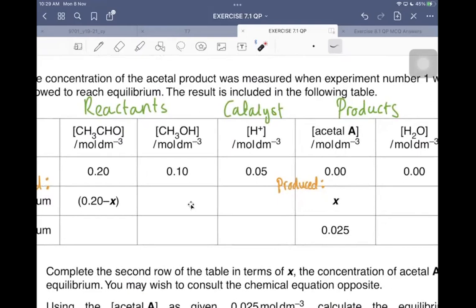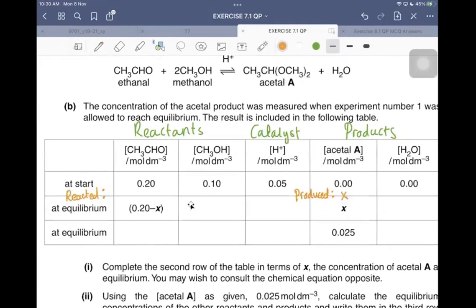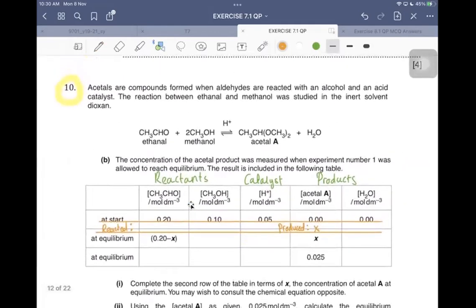All right, so I will just use X. That means you have produced X amount. Remember, maybe I should draw a line so as to not confuse you. I don't have space, that's why I'm doing it like this. So please take note that that is the additional middle row for reacted / produced.